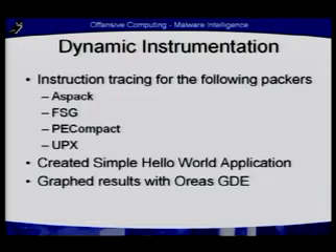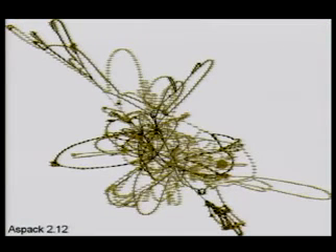And just to validate the results, we created a simple Hello World application, probably the same one everybody's written, and then graph the results on the basic block using a program called GDE, or Go Visual Diagram Editor, by ORAS. So in this chart, each of these blocks represents a basic block inside of the executable.